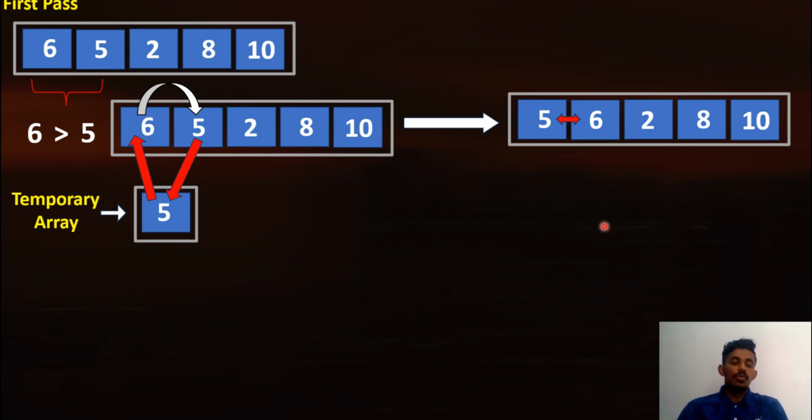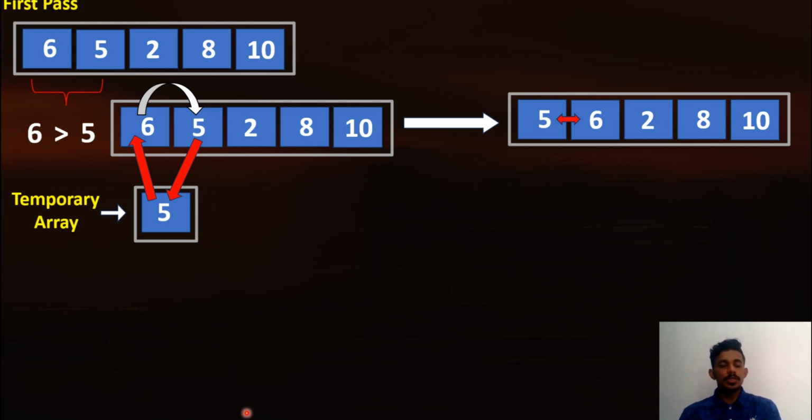So you get an idea of how the values change using the temporary variable. That's the main part here: for every swap, we use a temporary variable to swap the values.